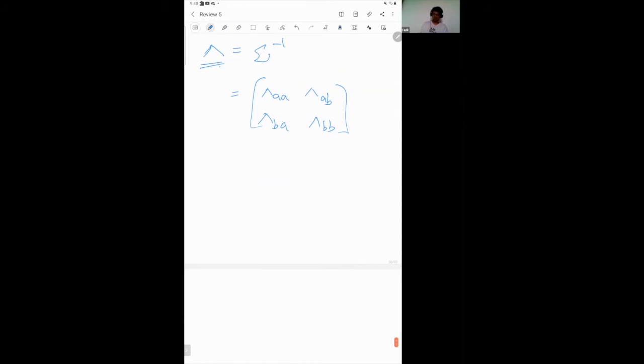And now, can anyone tell me if this holds true? Anyone? I know this holds true, and obviously sigma is sigma AA, sigma AB. So it's just like dividing the matrix into four different components.